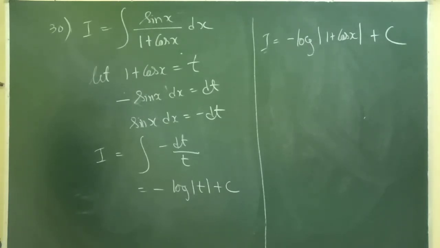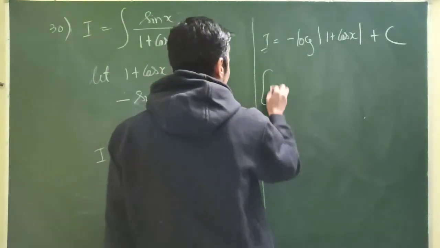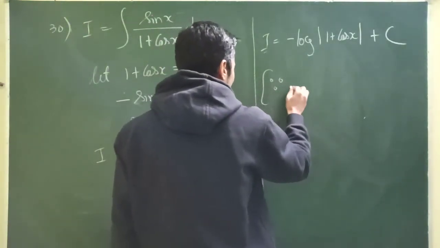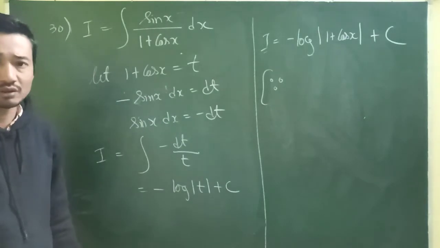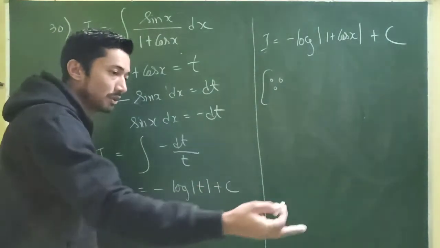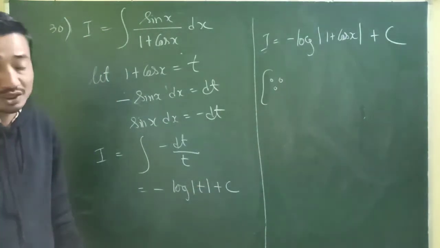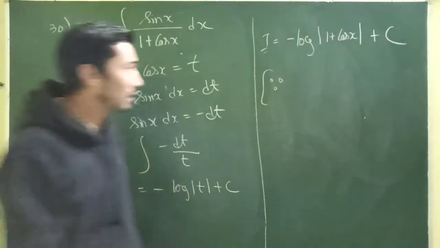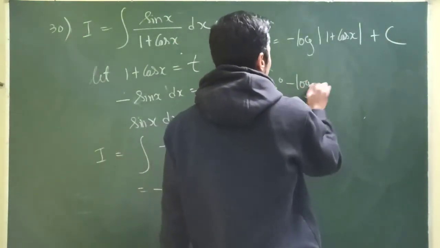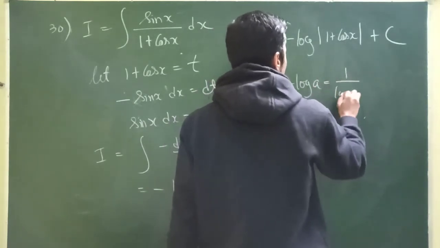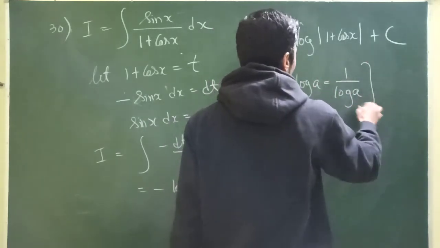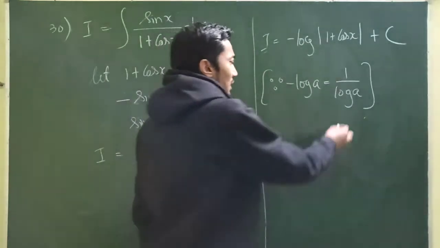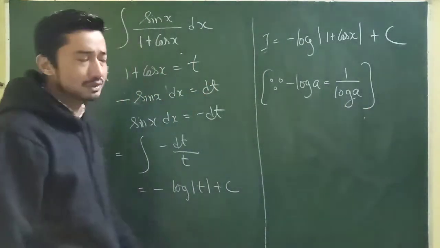I'll give you one formula now. Get ready to note that down. That's why, as I was telling you, some formulas are not listed as theorems and all, so I promised you that I'll be giving you small things, tips in other words, which will help you. So minus log a can be simply written as, that comes of course from the theory of the concept of logarithm.